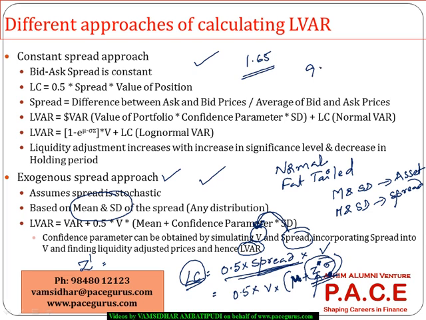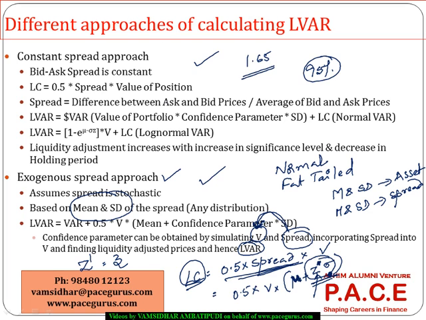Even if I say a 95% confidence level, I cannot take 1.65 because the spread need not follow a normal distribution. But if it is known that the spread follows a normal distribution, then I can take 1.65 for Z. Otherwise, if it can follow some kind of fat-tailed distribution, I can take Z as around 2.5 or 3, depending on what distribution I assume, for the Z associated with the 95% area.